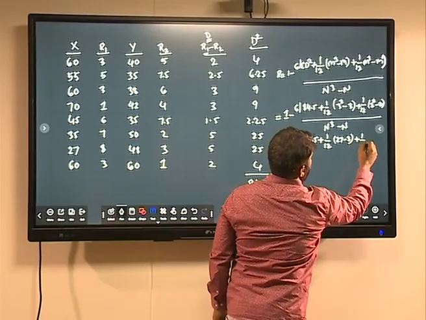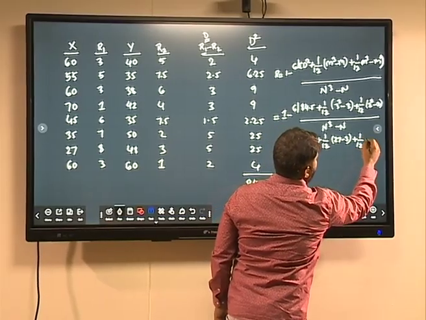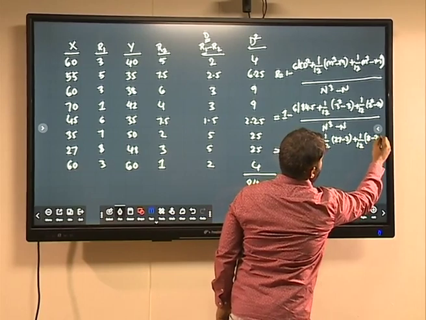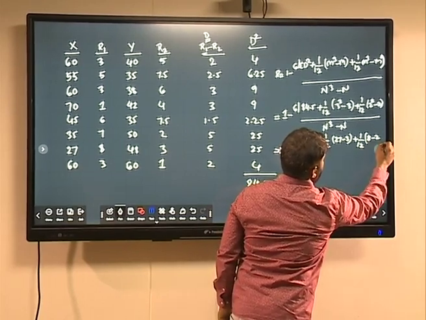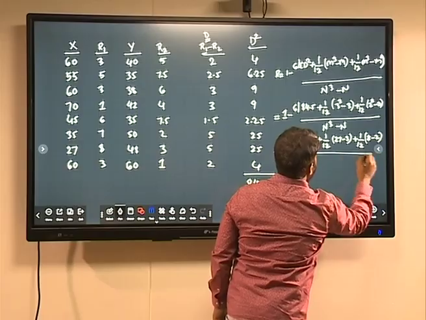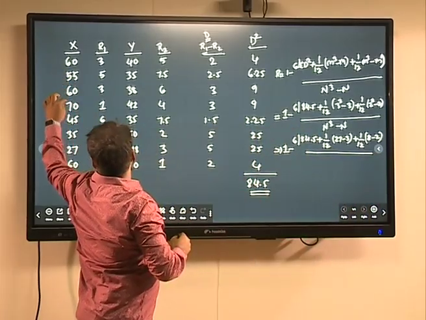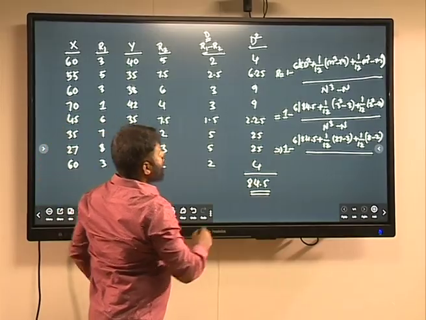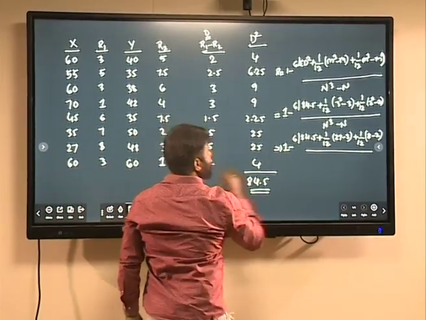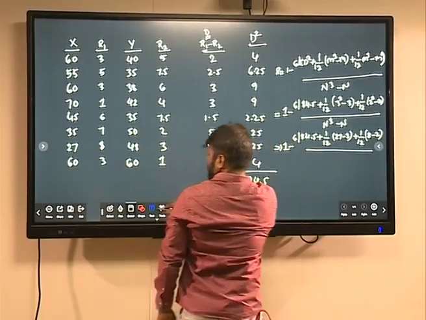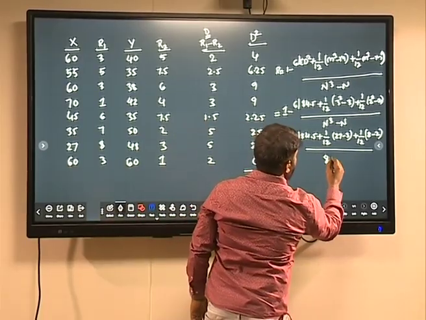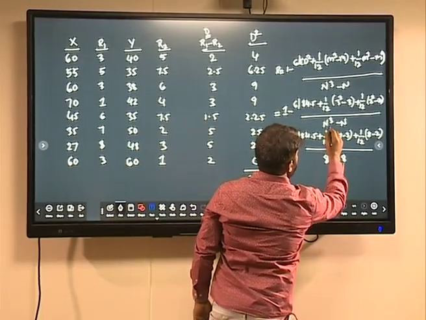Next, 1 by 12 into 8 minus 2. N cube how much? Number of variables 1, 2, 3, 4, 5, 6, 7, 8. So here also I have to write 8 cube minus 8.